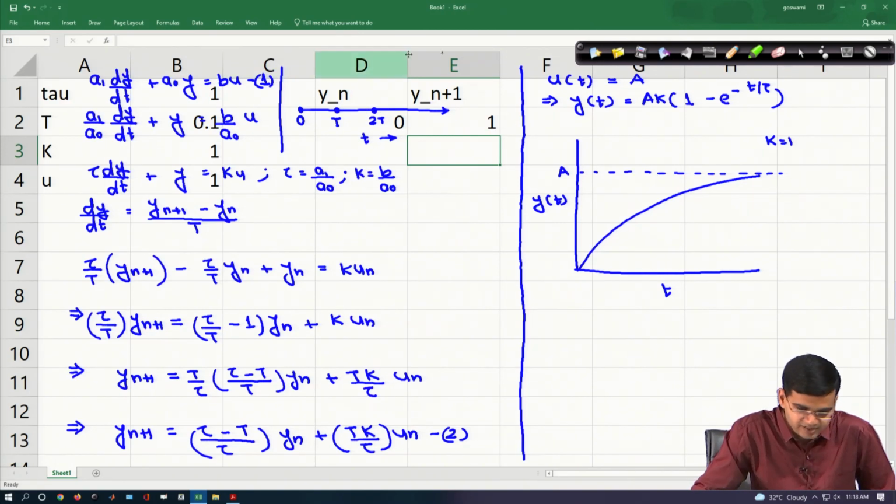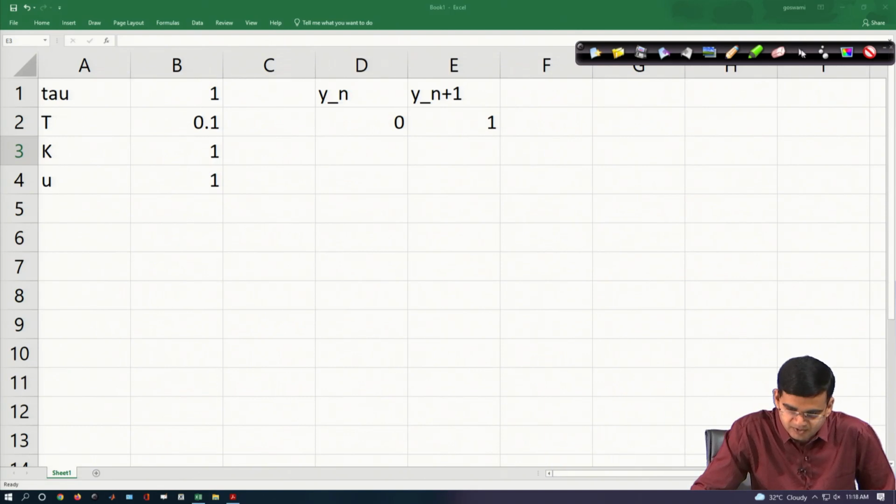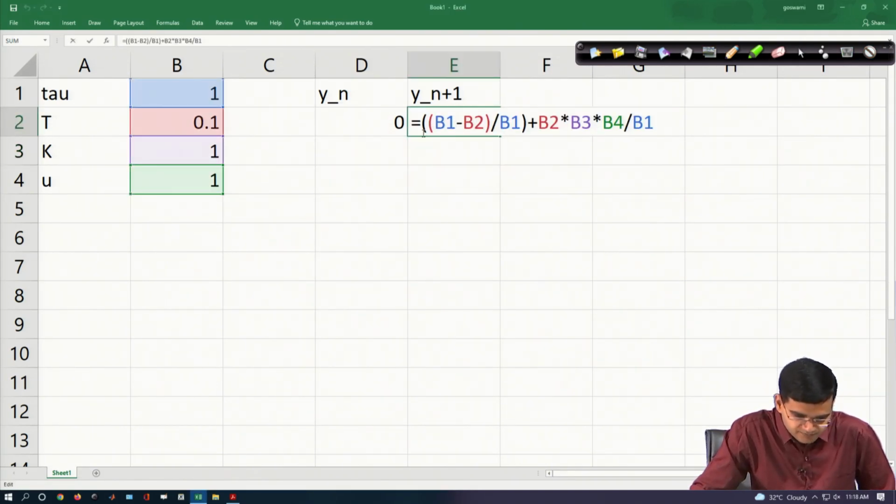Let me now get rid of the text and let us see if this is the formula which I get, if I have used the correct formula. Okay.